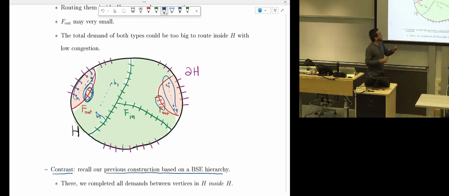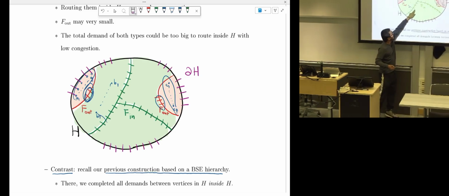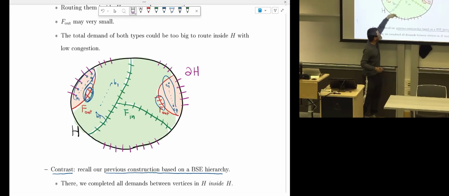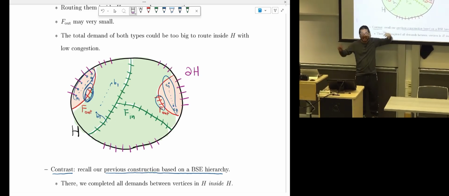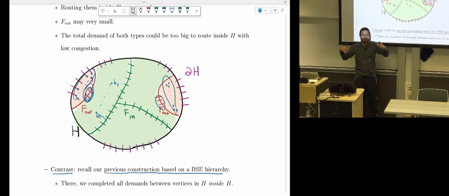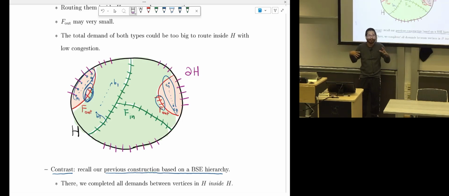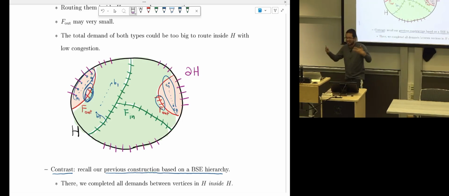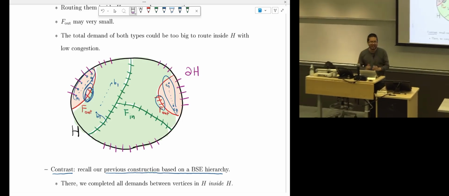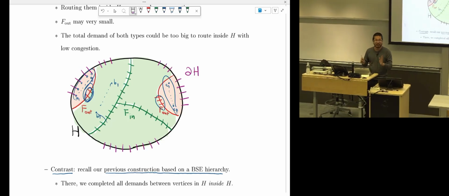Because we know that for BSE hierarchy, both the separator and the boundary of H are expanding. There's just no bottleneck between them. So we could have just routed them and finished it inside H. But this is different.